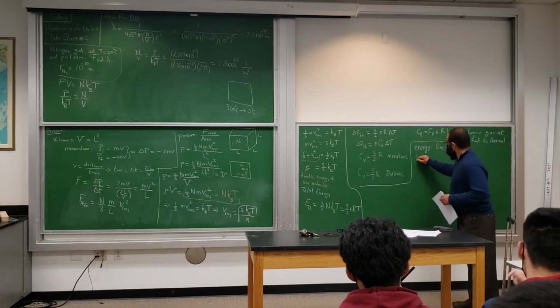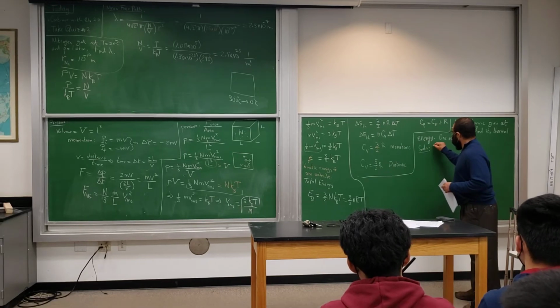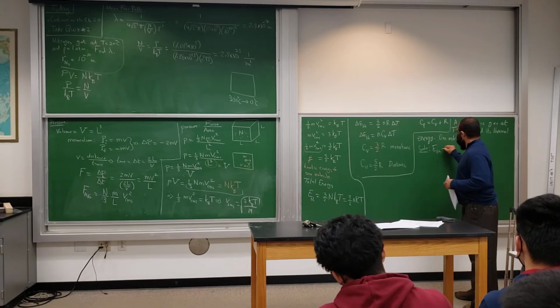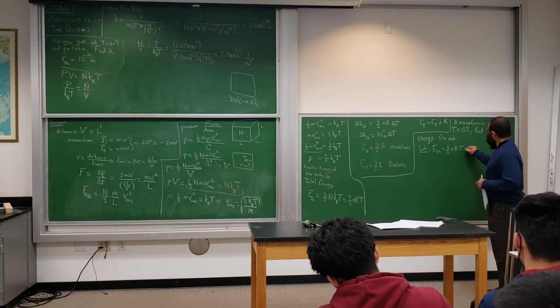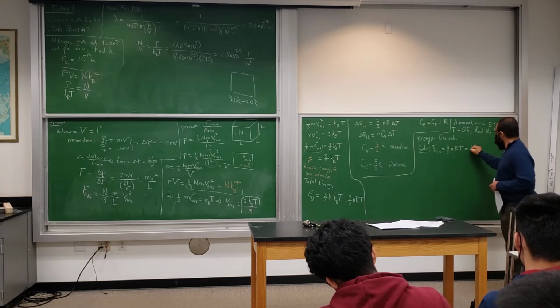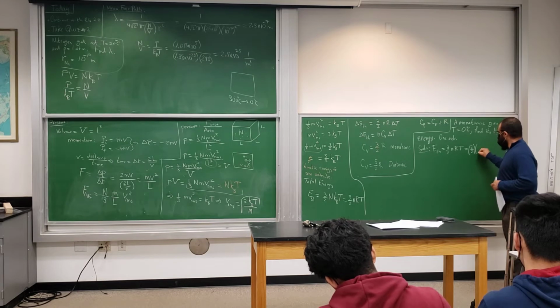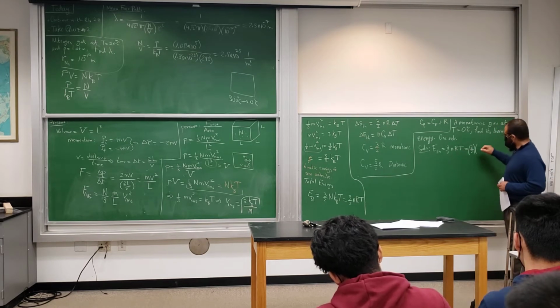So solution: E thermal is 3 halves nRT. What is n again? Number of moles, and we have 1 mole.